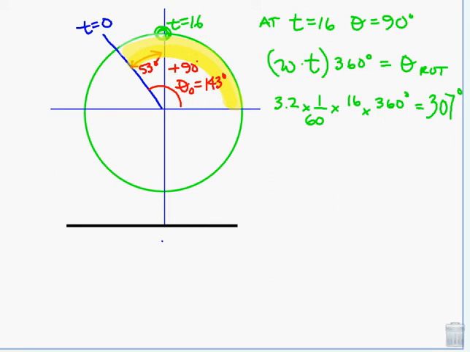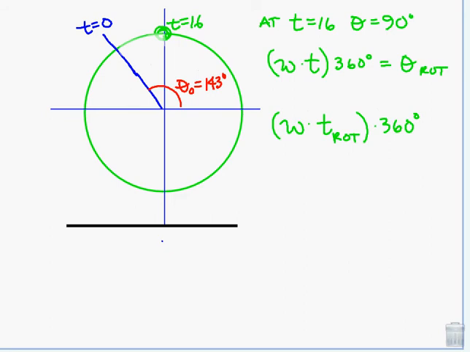So that's helpful. Now I'm going to let this person hop on the ride and go for a total time of rotation of 9 minutes. So 3.2 revolutions per minute times 9 minutes is 28.8 rotations. Since they've gone around 28 full times, I don't need that.